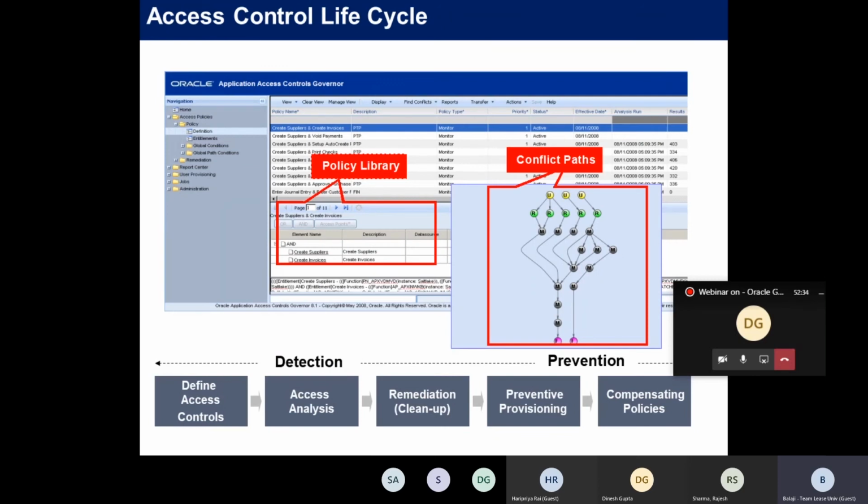This is how a visualization of the deviation would happen. If you see here, this responsibility has these two conflicting functions, and it is coming up through these menus. What I need to do, if this should not be there, is decide what remediation I should do. Let's say somebody who has access to supplier also has access to payment processing.